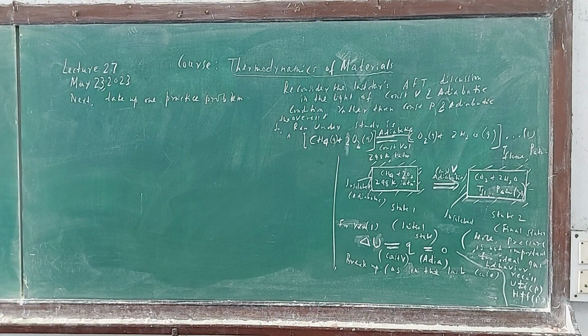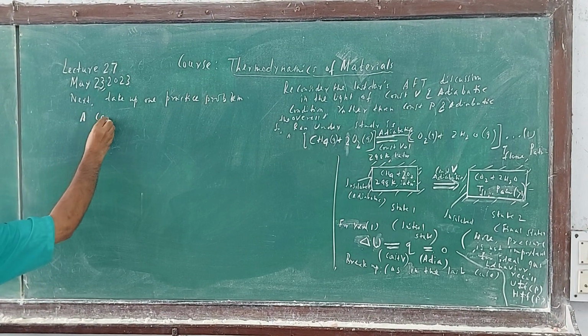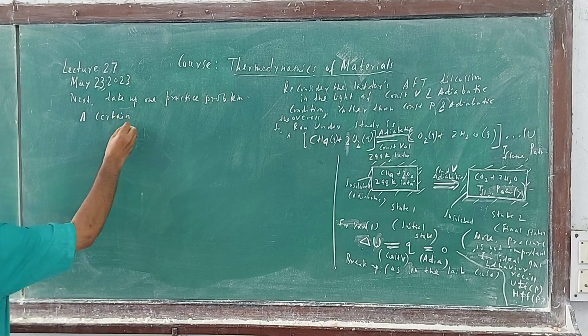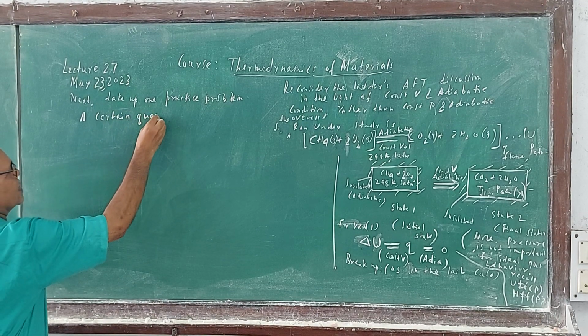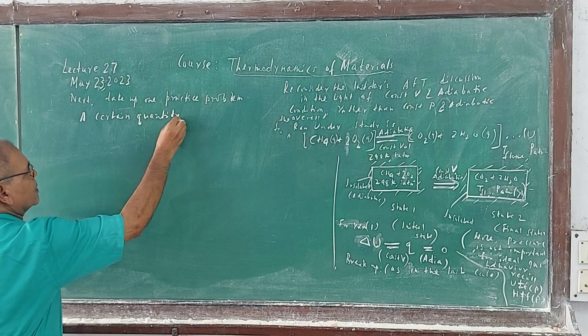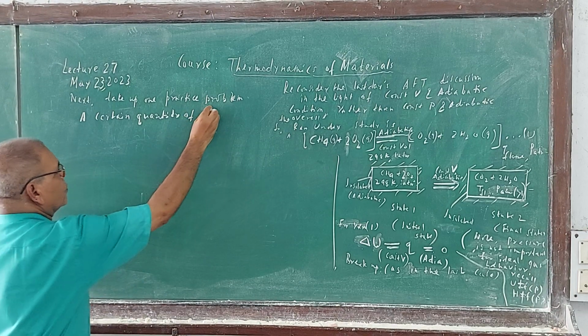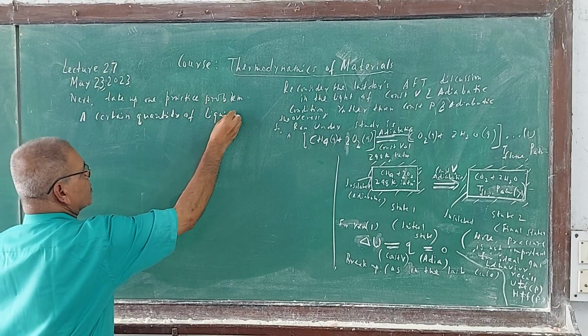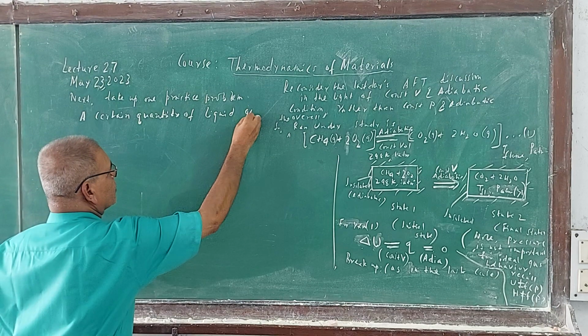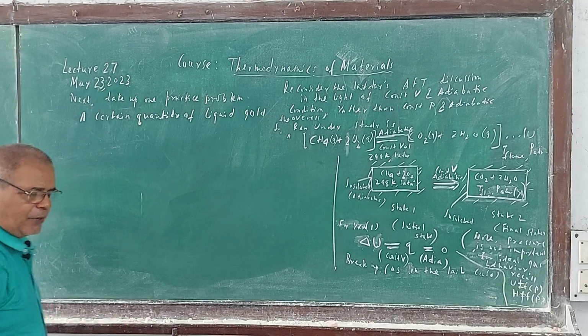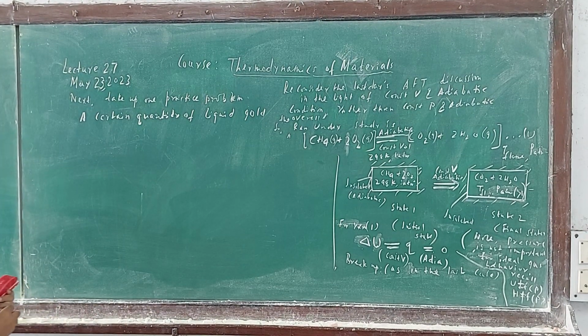Okay, now take up one practice problem. This is the problem. A certain quantity of liquid gold. You practice this. I wanted to finish this yesterday, but I could not.